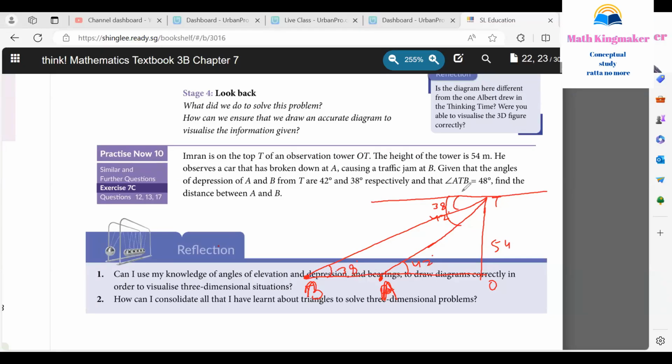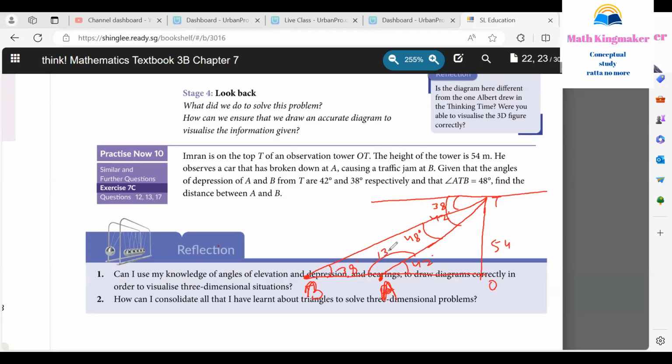Now angle ATB is 48. This angle is 48 degrees. Find the distance AB. AB you have to find out. So this one is how much? 180 minus 42, so it is 138.